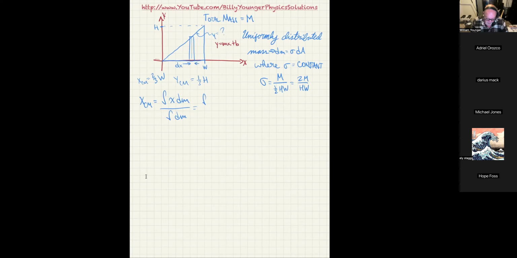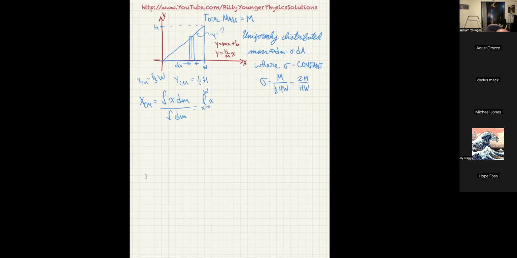In this case, it hits the y-axis at 0, so y should be equal to h over w times x. So I'm going to integrate, since we're integrating along the x direction, from x equals 0 to w. The x is going to stay there.